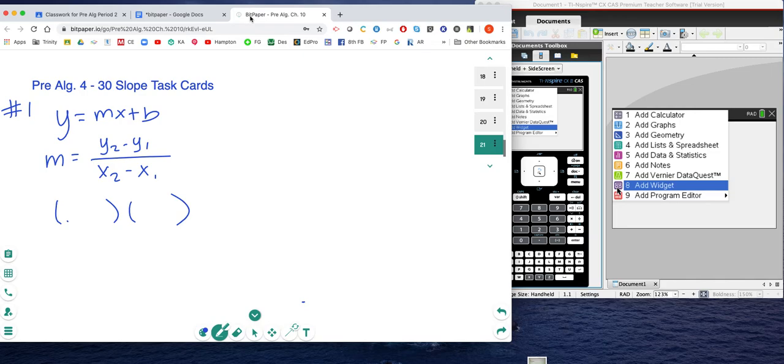So I'm going to write my ordered pairs: (1, -1) is my x1, y1, and (2, -4) is my x2, y2.